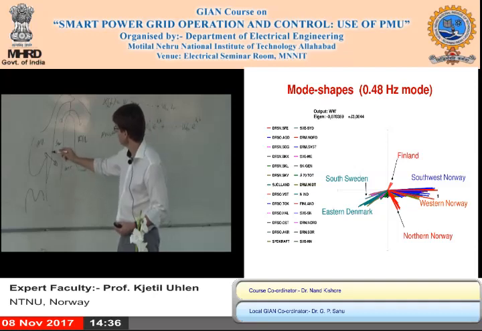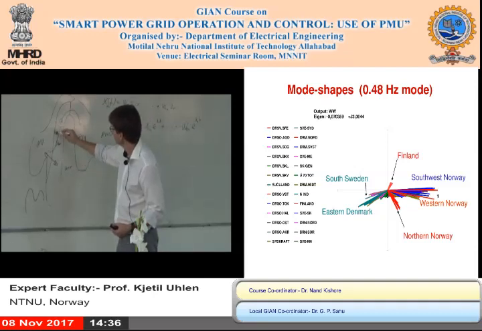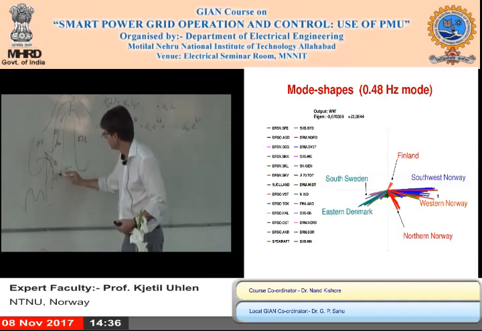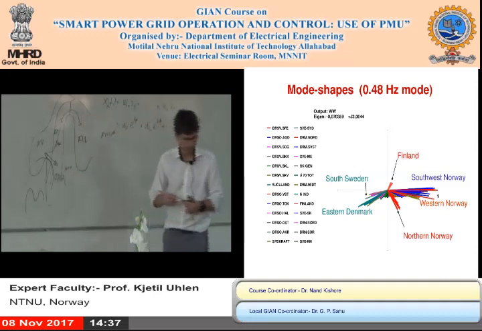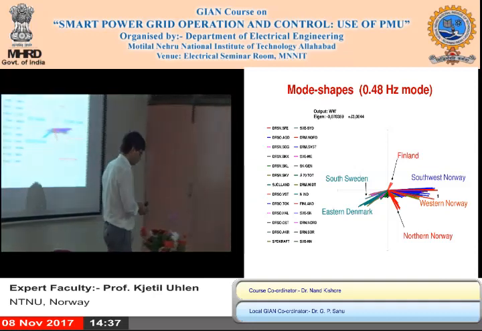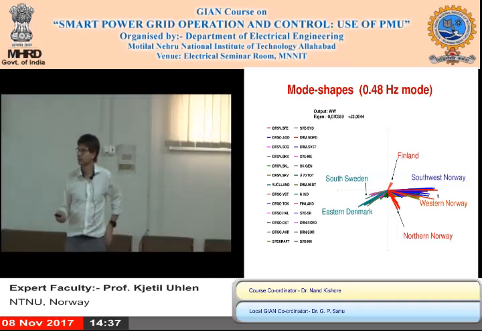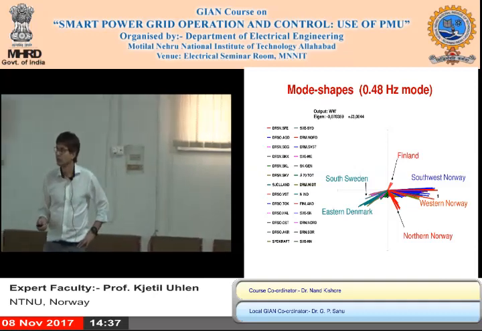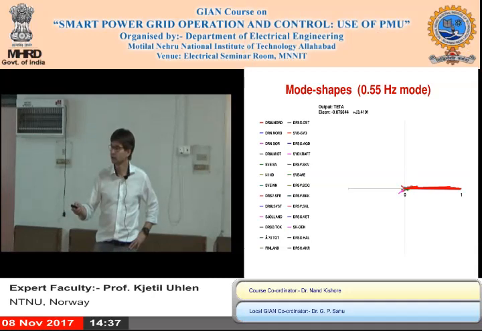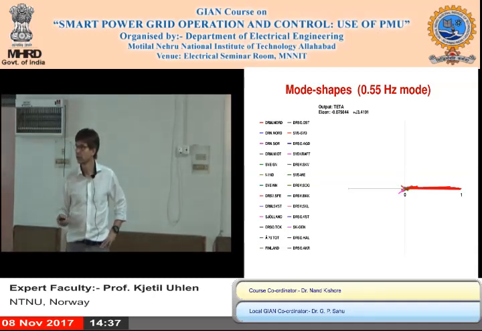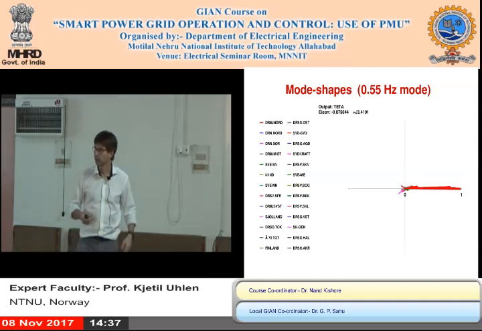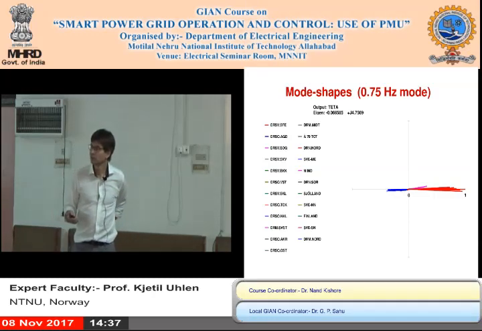So you might say that the 0.3 hertz mode is like that, and the 0.5 hertz mode is like that, if you think of generators as springs at the end of the system. And then the other modes are more of local nature, and this one is in northern Norway, and another one is some oscillation between areas in southwestern Norway.